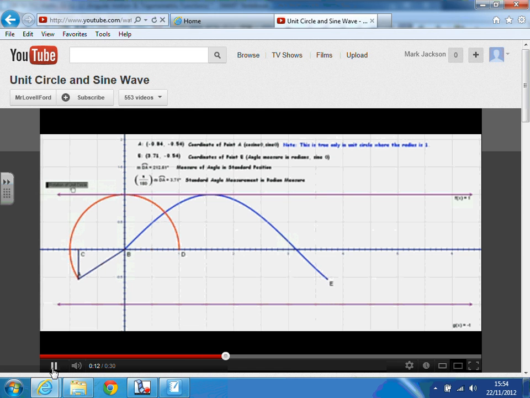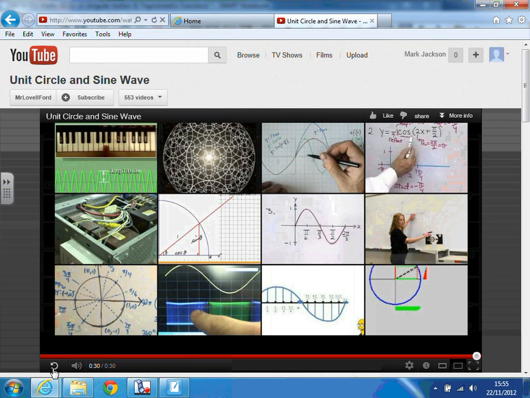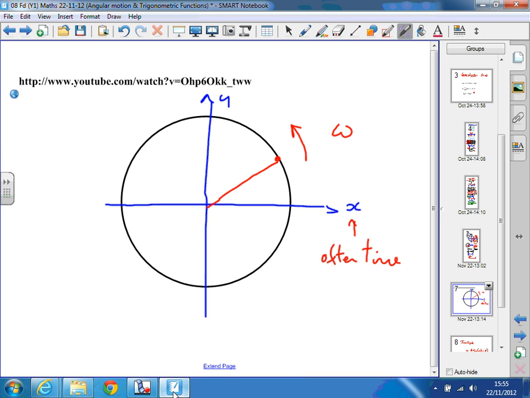And so after 3 pi over 2, 3 halves of pi, it will have reached a maximum again, and then one complete turn back to 0. And so the sine wave that we're familiar with actually comes from a rotating vector where we're considering only what happens in the y direction.